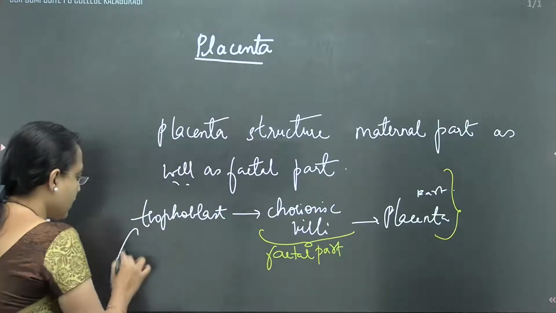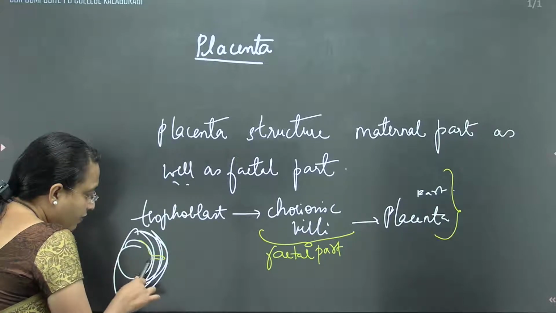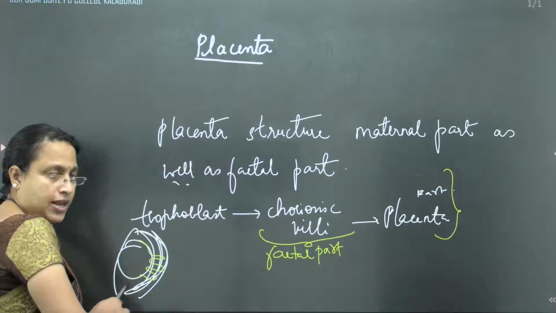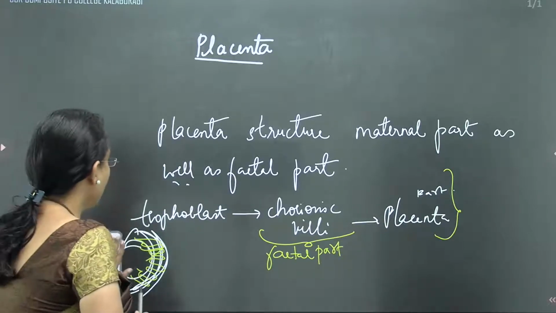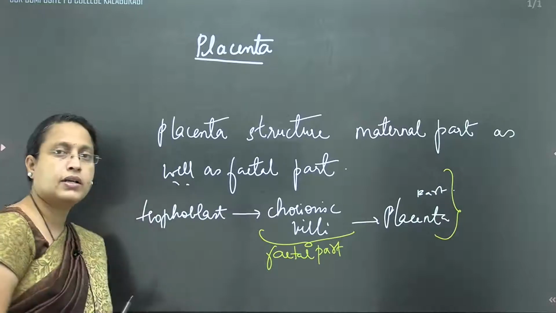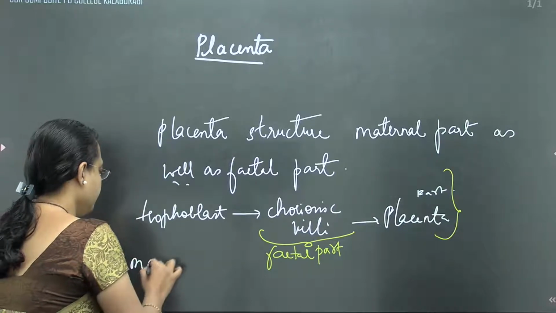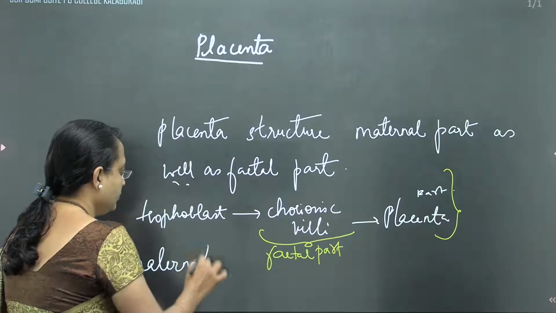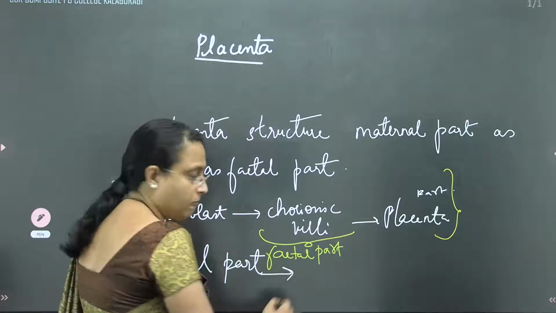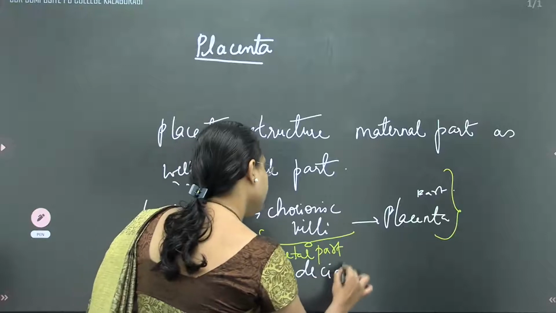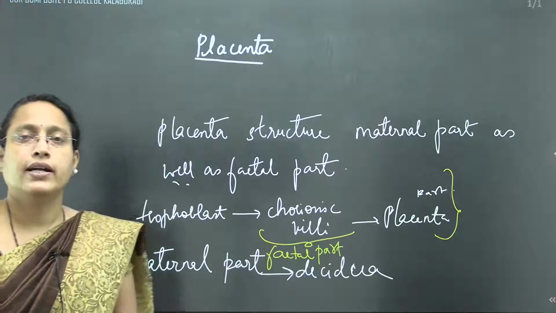Now, in the same diagram, this will be the decidua. This chorionic villi will penetrate not the capsularis, but the decidua. So the maternal decidua becomes part of the placenta. The maternal part consists of decidua.